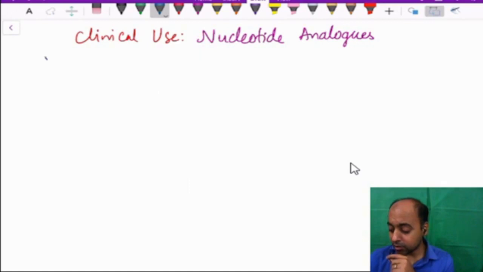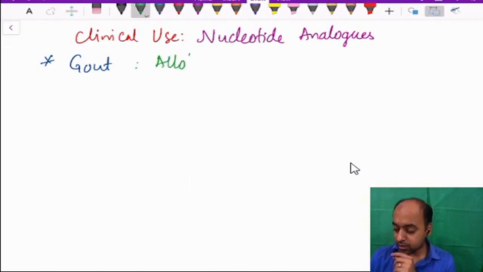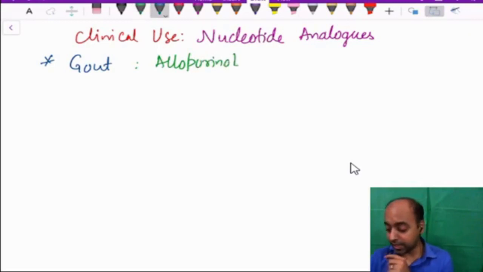Here I'll not be going into the details of nucleotide analogs, but I'll mention some clinical conditions wherein we can make use of the nucleotide analogs, thereby making them clinically very important. For example, traditionally they have been used in gout. Allopurinol is a nucleotide analog.